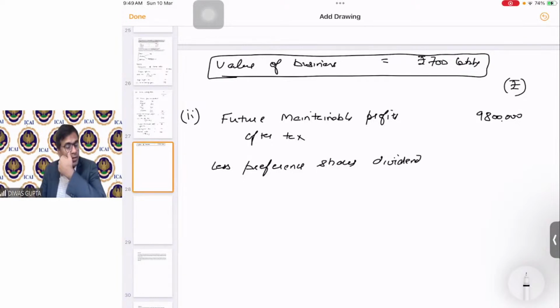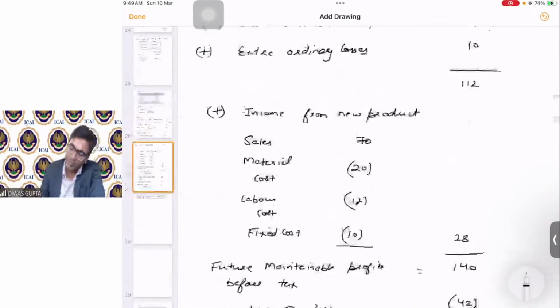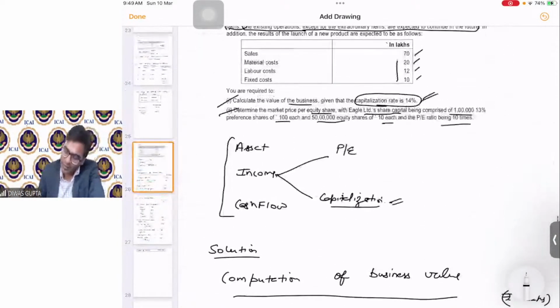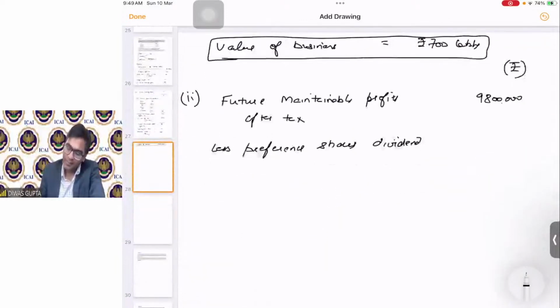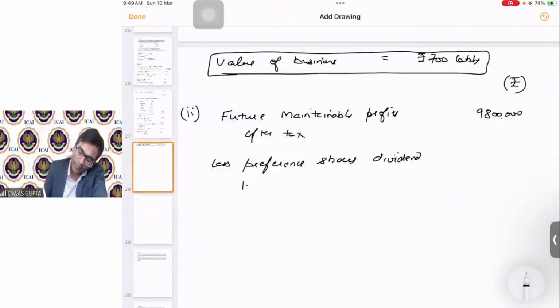Okay, students, let's work out the preference shares dividend. How much are the preference shares? 1 lakh. What is their face value? 100. And 13% is what we are going to pay them as the preference dividend. Okay, so this comes out to be 13 lakhs.